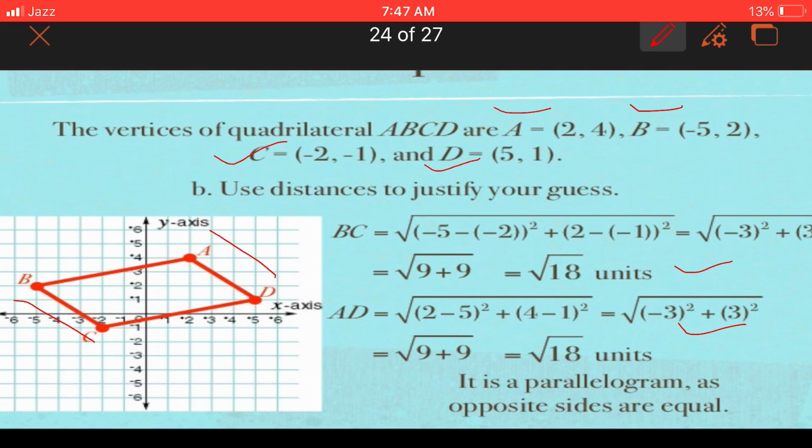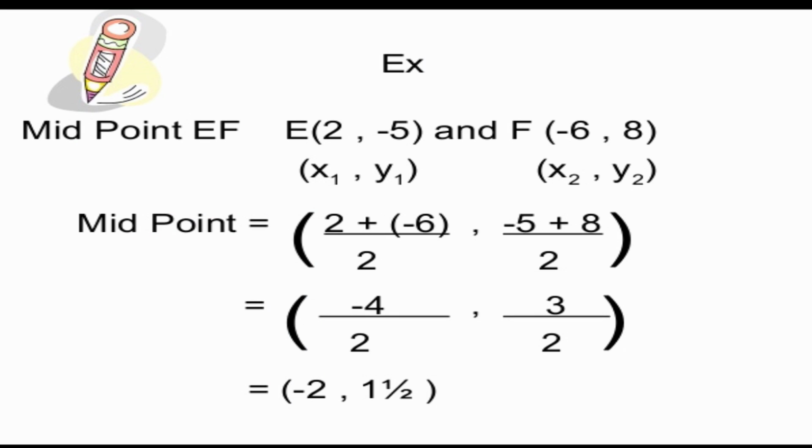The final answer is again root 18. So we prove here that AB is equal to CD and AD is equal to BC. This implies that these are the sides of a parallelogram, or the vertices of a quadrilateral, that is a parallelogram.